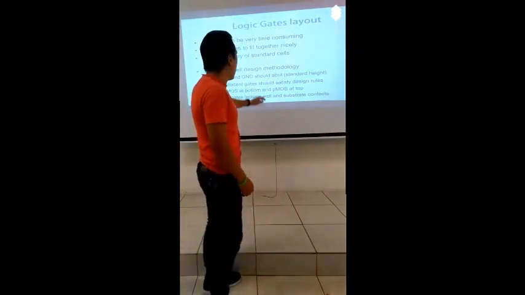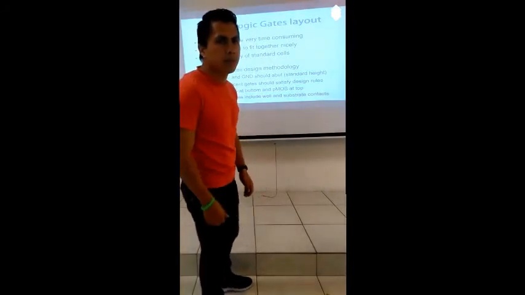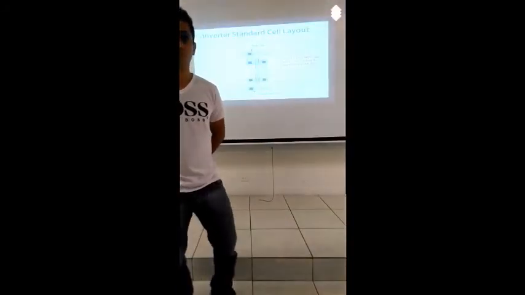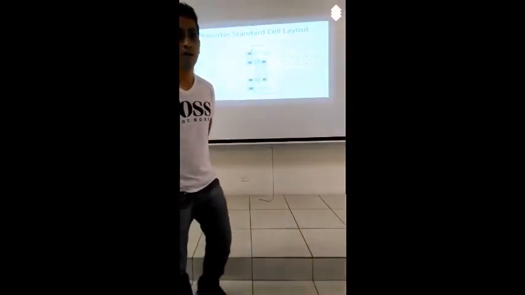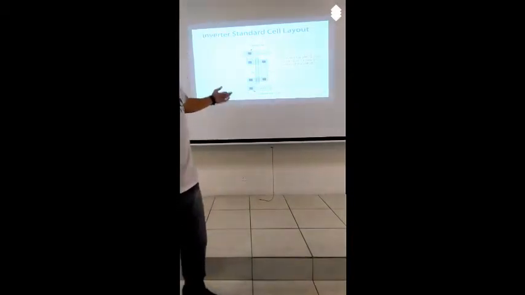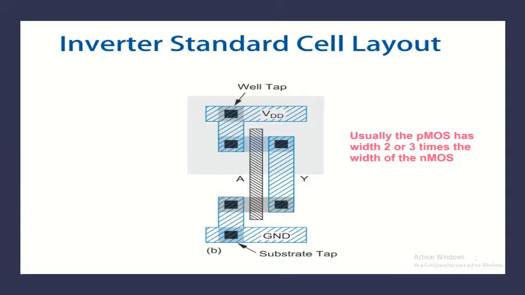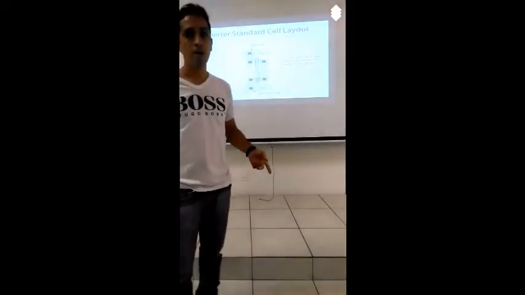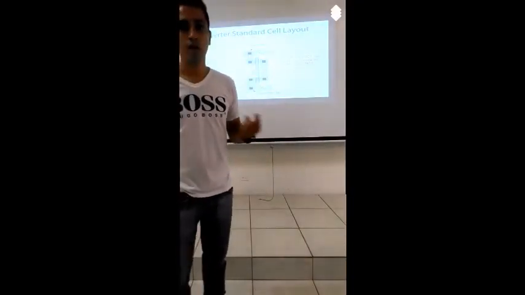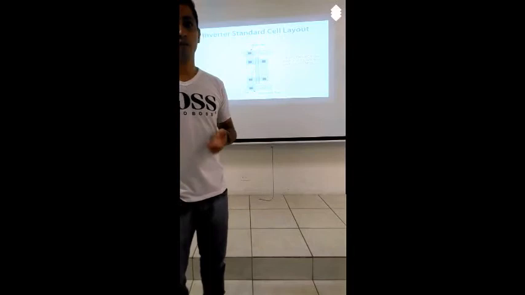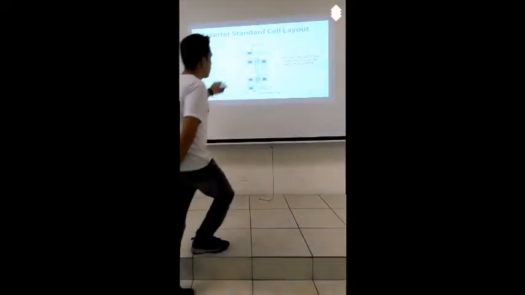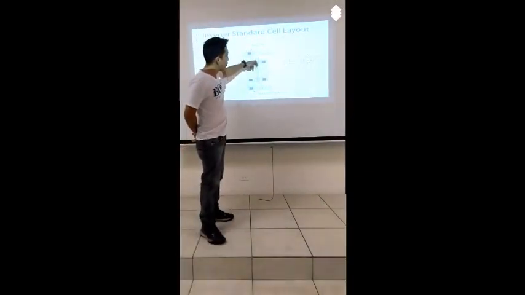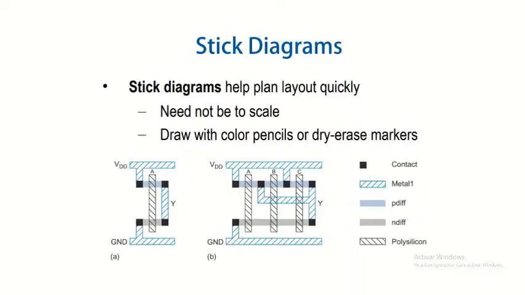All gates include well and substrate contacts. In the inverter standard cell layout, usually the PMOS has a width of 2 or 3 lines compared to the NMOS, for example.